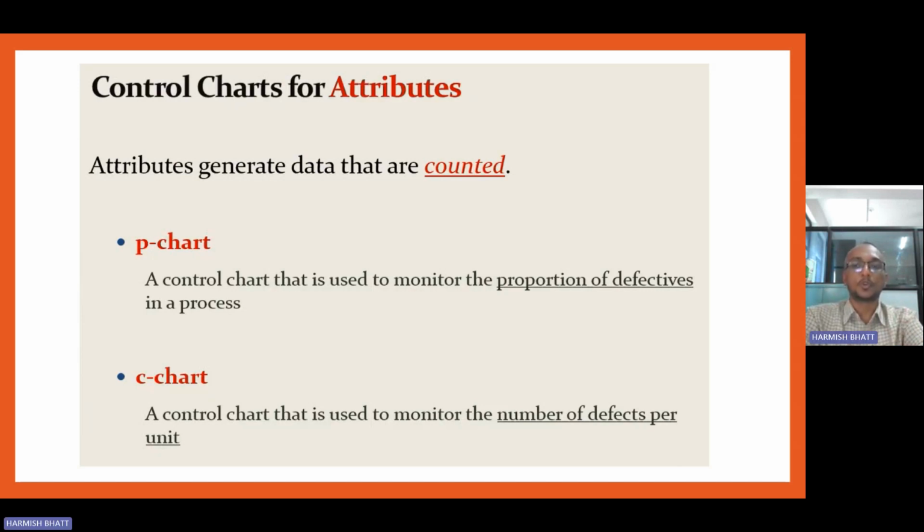That's why it is called the proportion of defectiveness or proportion of defects in a process. While a C chart is a control chart that is used to monitor the number of defects per unit. Let us understand how to prepare the P chart in this video, and we will see how to prepare the C chart in the next upcoming video.